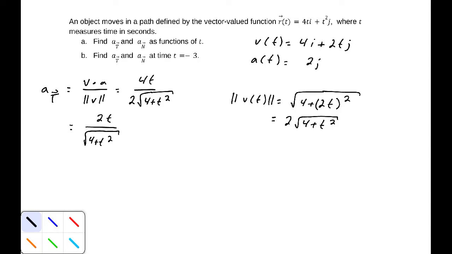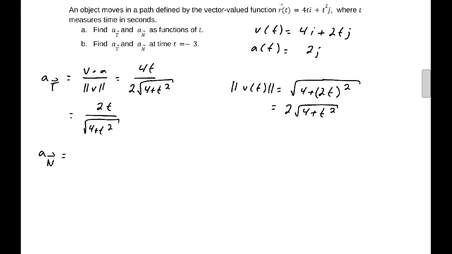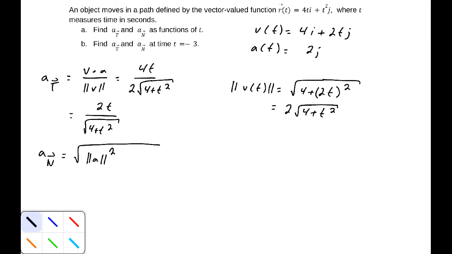Now we also need the normal component of acceleration. The normal component of acceleration is defined as the square root of the magnitude of acceleration squared, minus the tangential component of acceleration squared. Now our acceleration, a(t) = 2j, so the magnitude of that is just 2.